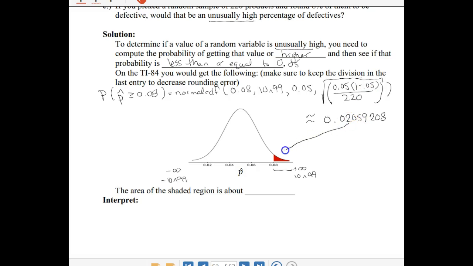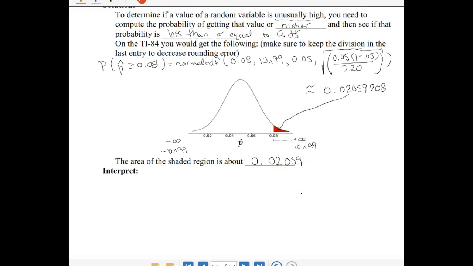Again, just a reminder that that is this shaded area region on the graph. So the area of that shaded region is about 0.02059.